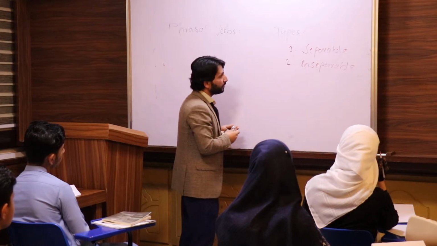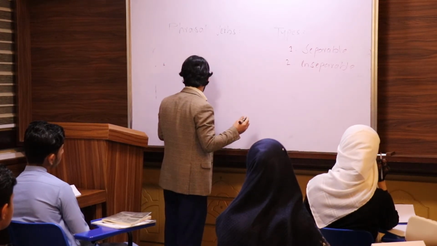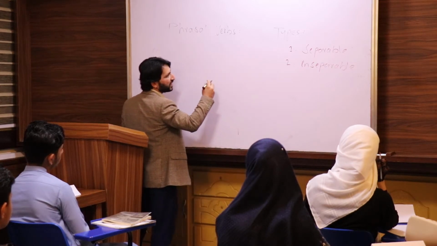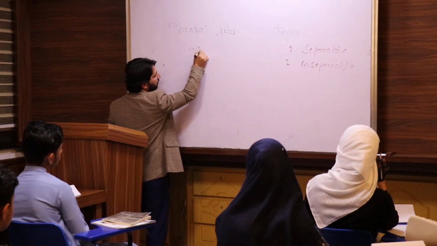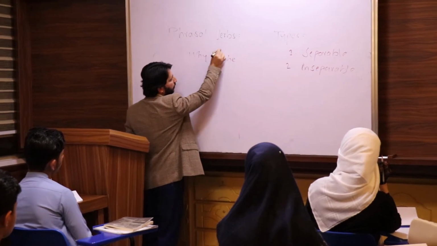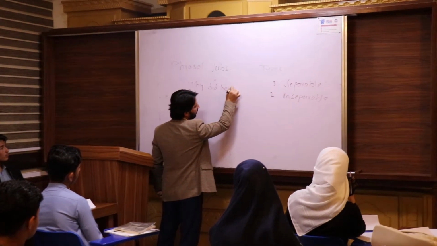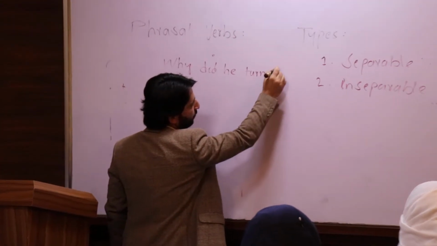Look at this example. I'm not going to give you new examples. I've already given you examples. To make things easy, I'm going to write one example again. Earlier I wrote: why did he turn down your invitation?